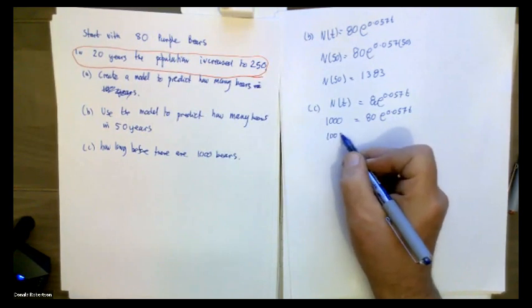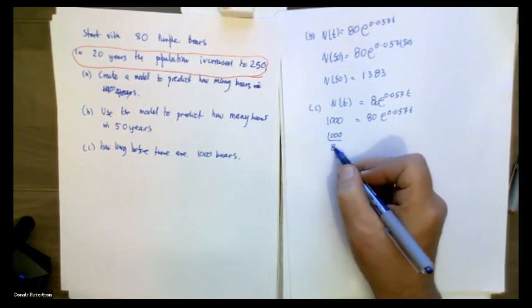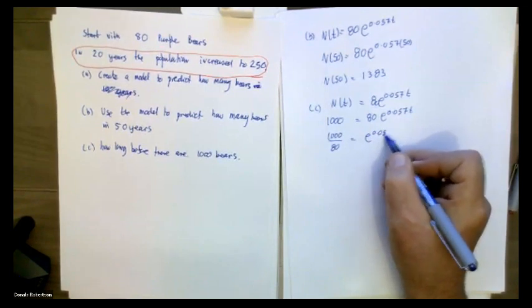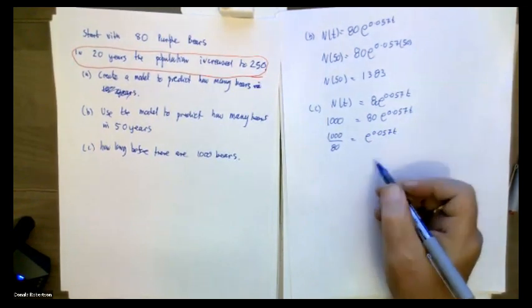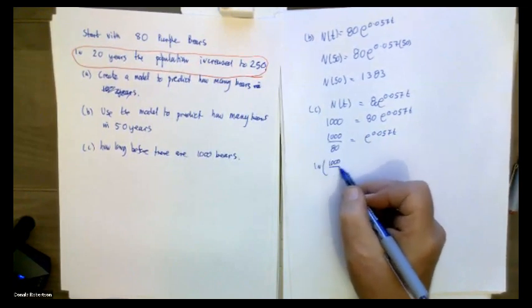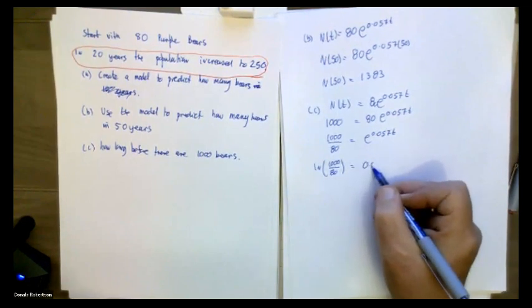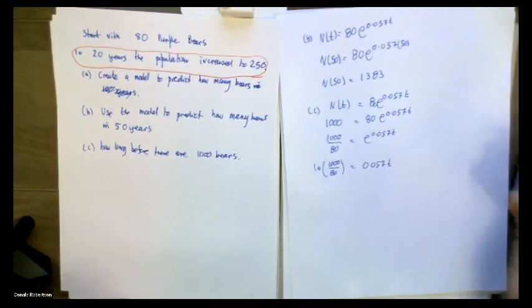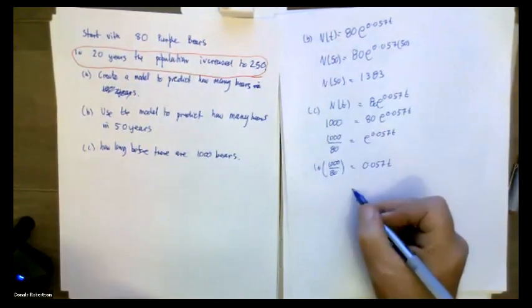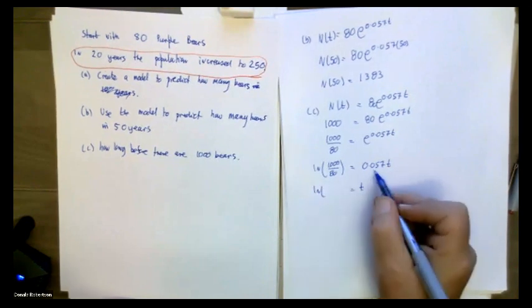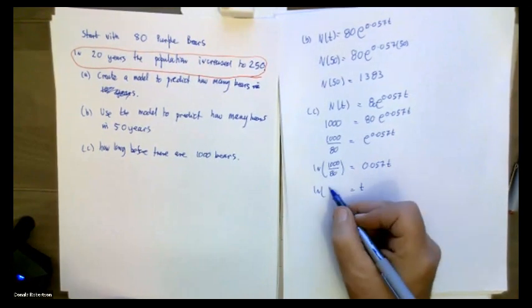You divide both sides by 80. You take the natural log of both sides. If you look back at the other questions, you'll see that I'm pretty much employing the same method, the same process. I'm doing the same things each time. For instance, my last step here will be to divide both sides by 0.057 this time.